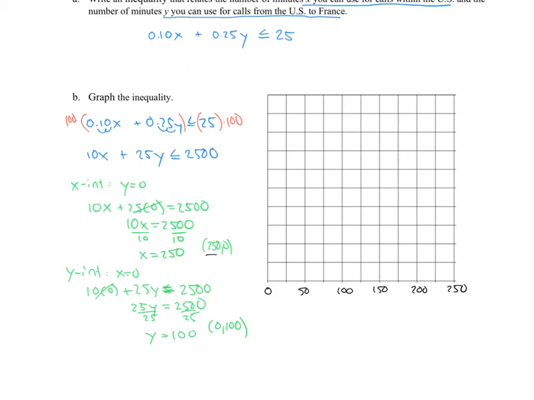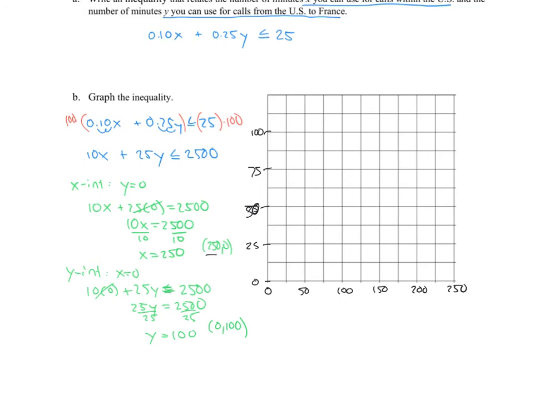Okay, that worked. Now on the y-axis, we want to get up to 100, so I think I will start at 0 and count by 25s and skip some. Oops, that should be 50. And then 75, 100.